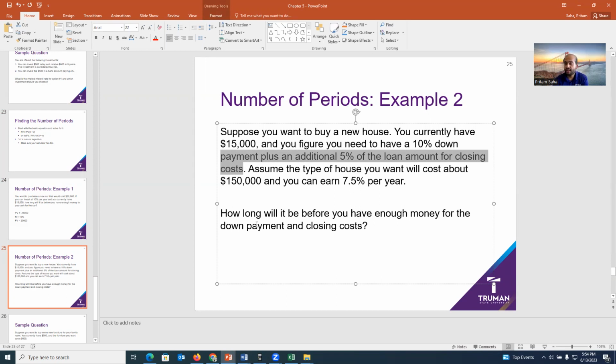I don't know whether you have experienced any home buying process or not, but let me explain the process before you jump on to this problem. When you buy any home, there is a house price. Let's say 100,000.